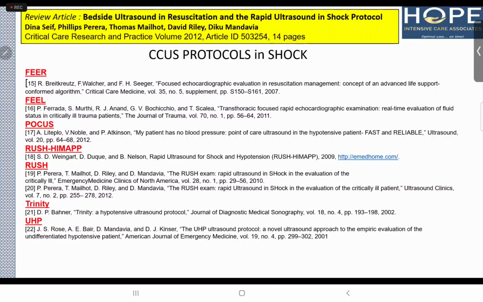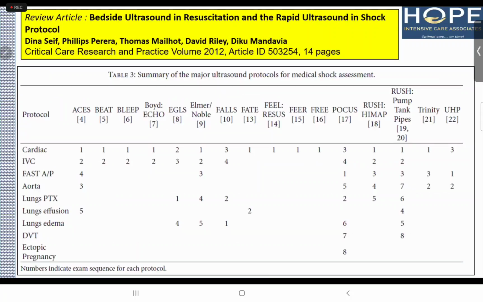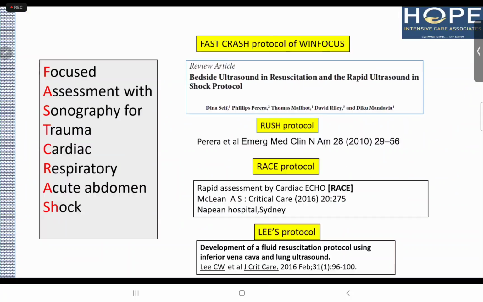As this table summarizes the various components used, by and large we recommend using a protocol which covers practically all the components. That's where you can see here from 1 to 8, this RUSH pump tank pipe protocol, and that's the reason why this RUSH protocol is more popular and more methodical, and that's what most people use.